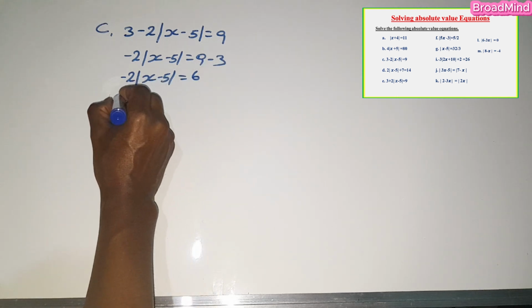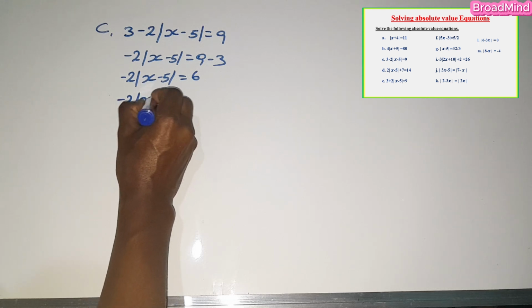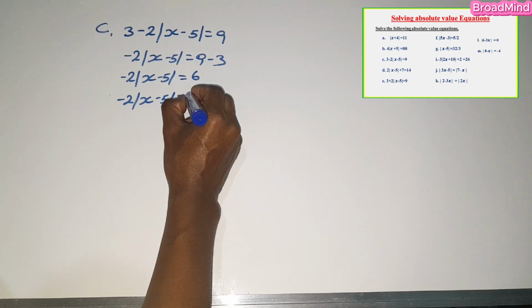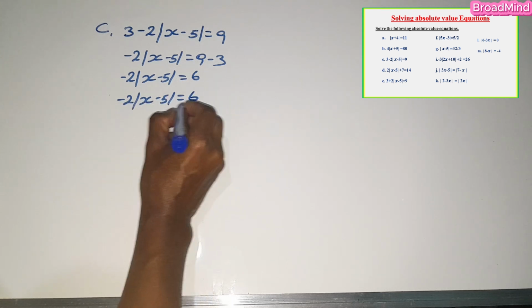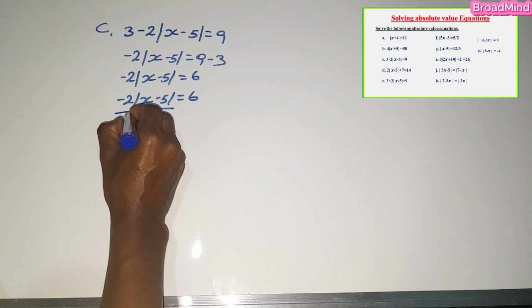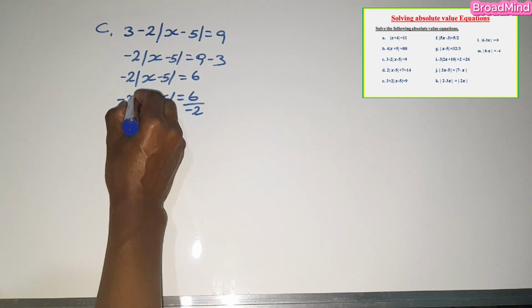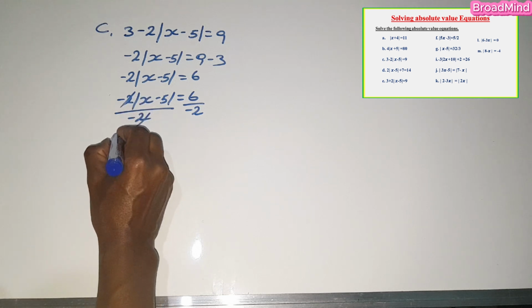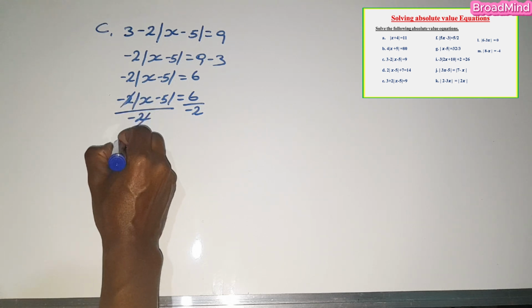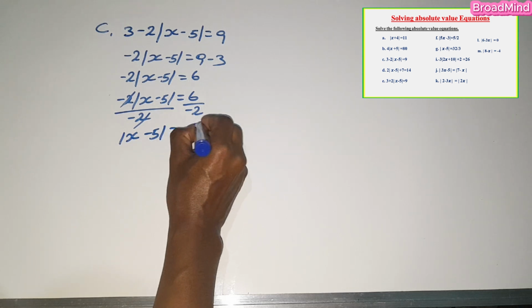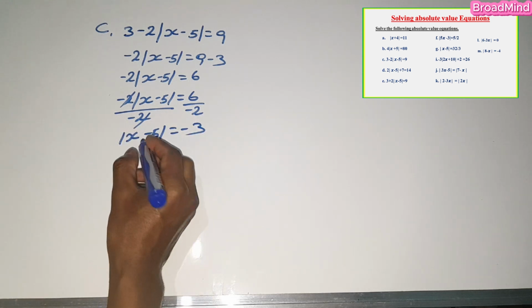Now simplify again. Negative 2 absolute value of x minus 5 is equal to 6. Both sides divided by negative 2, negative 2 cancelled by negative 2. Now here absolute value of x minus 5 is equal to negative 3.